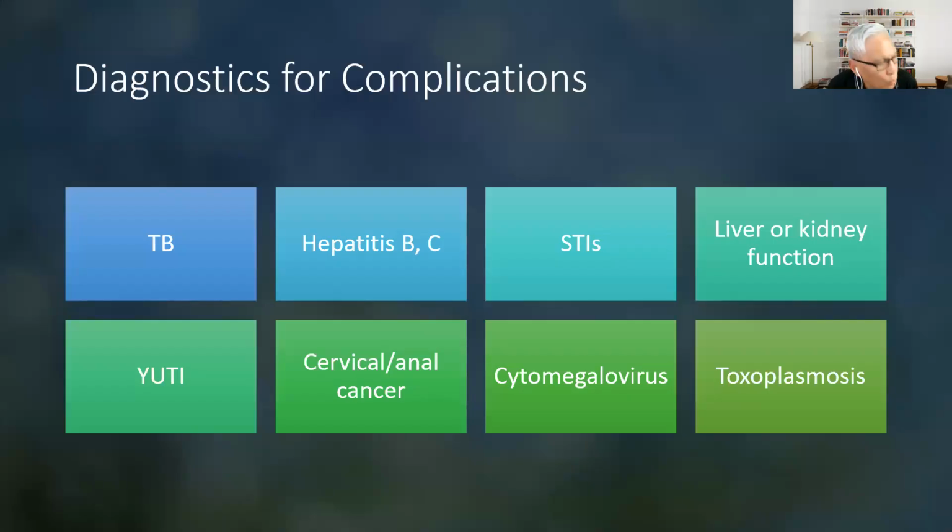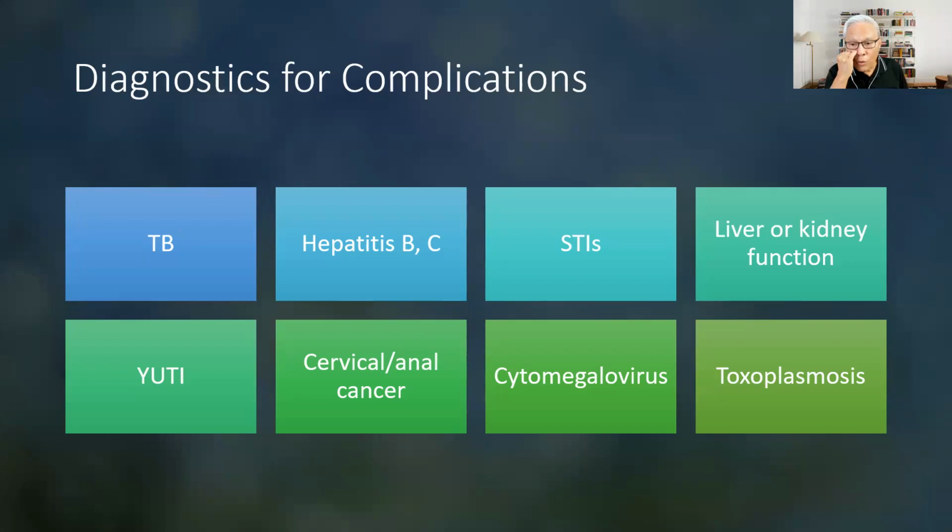Okay, so we all know that these diseases that are listed over here are going to be common diseases or infections that are going to be present in patients with AIDS.